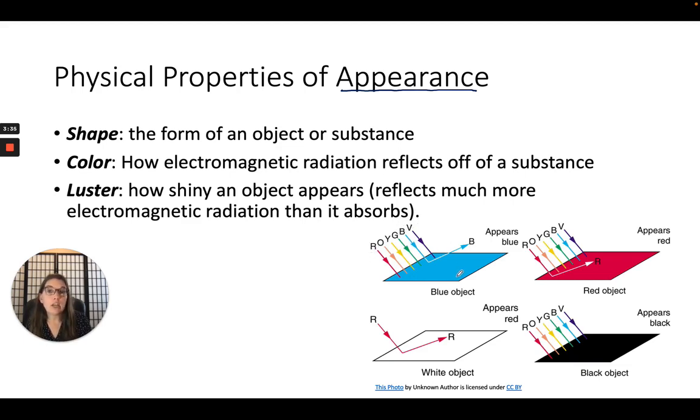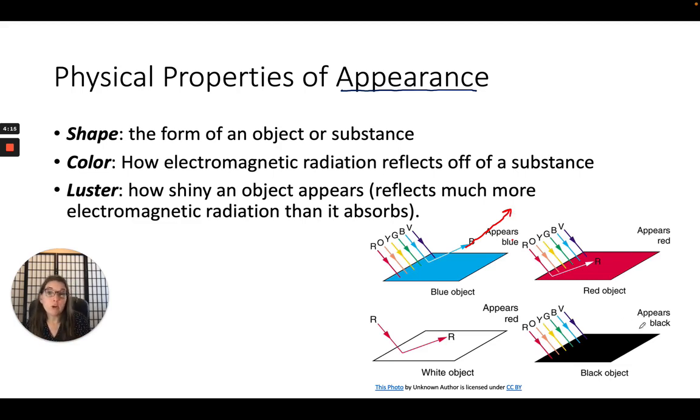And an object that looks blue to you is going to absorb all of these colors of light except for blue. And blue is going to bounce off, and the light is actually going to bounce all the way into your eyes and hit the back of your eye, which is your retina, and then send a signal to your brain saying, oh, I see blue.